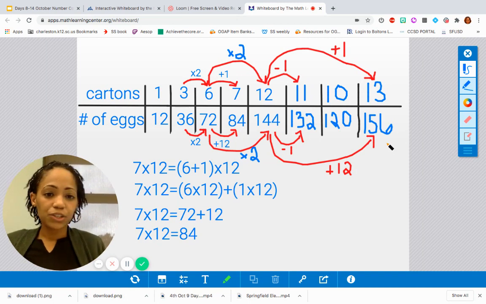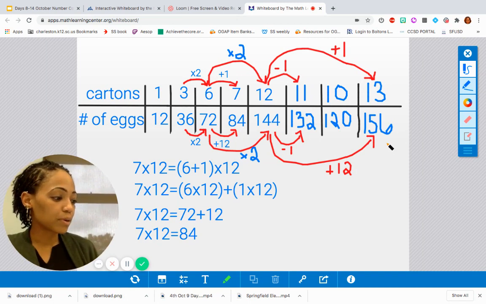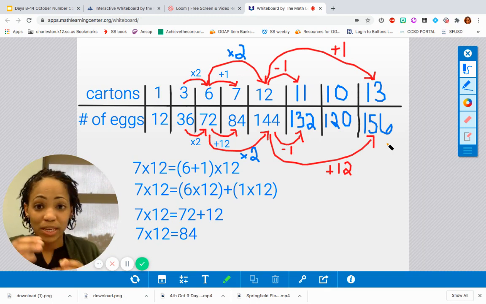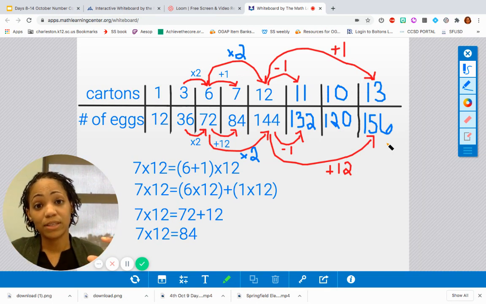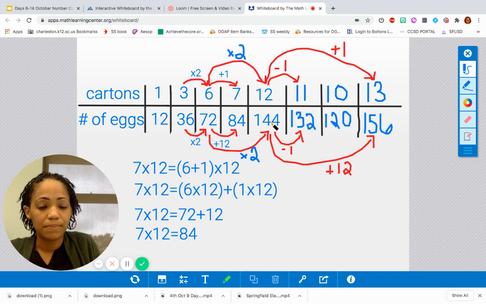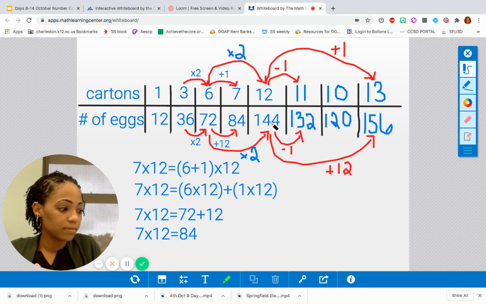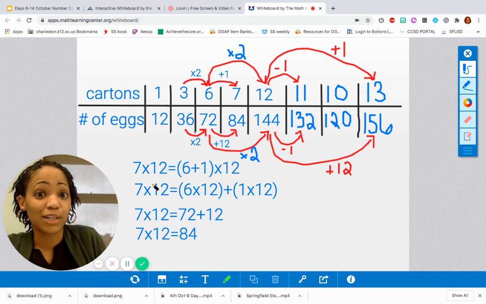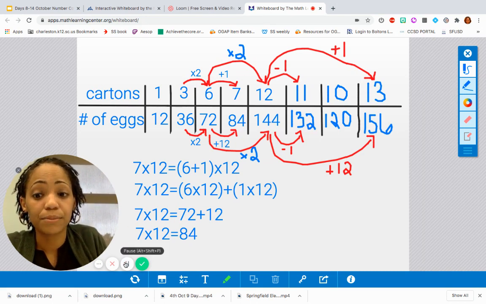So make sure you have this completed in your number corner journal. We talked about relationships on a horizontal ratio table this time with the numbers at the top and the numbers underneath. What's happening every time? Yeah, we are multiplying by 12 because there are 12 eggs in each carton.